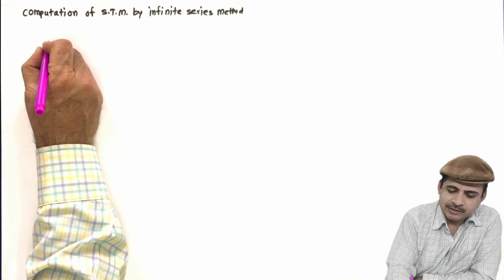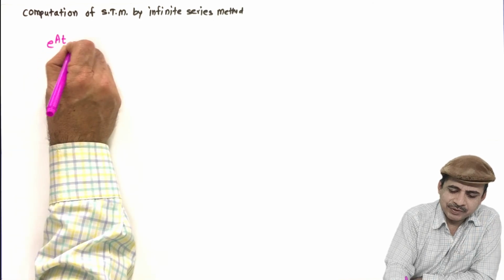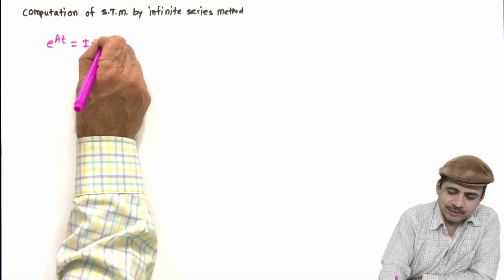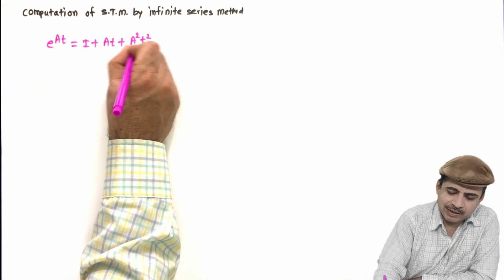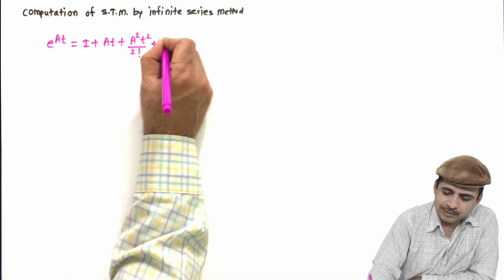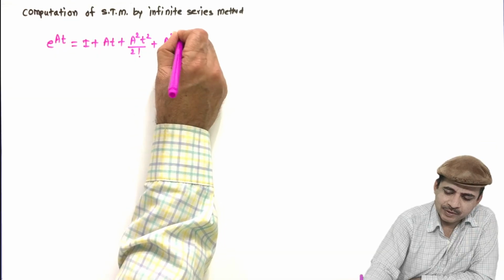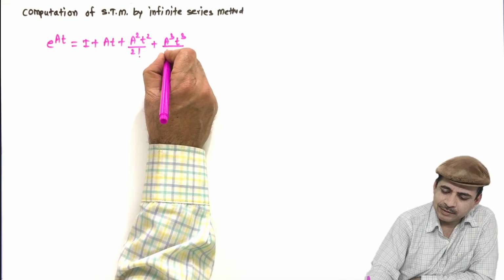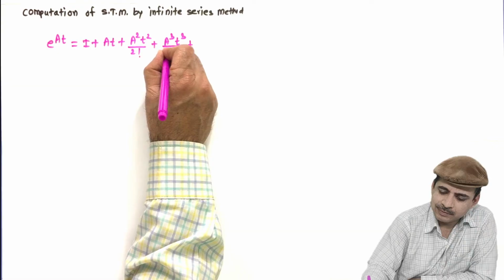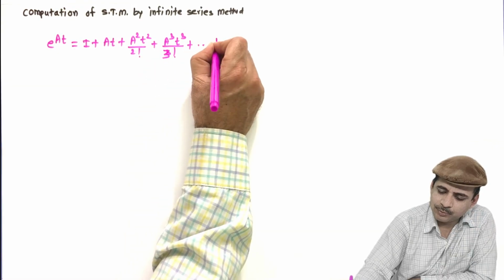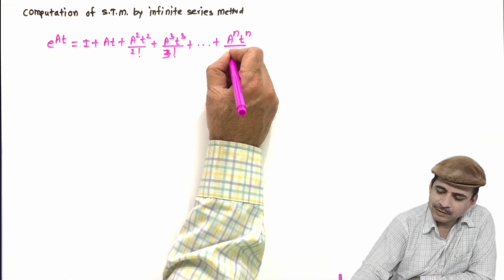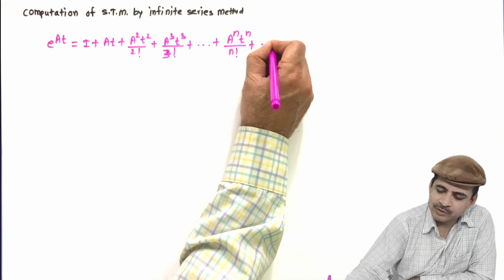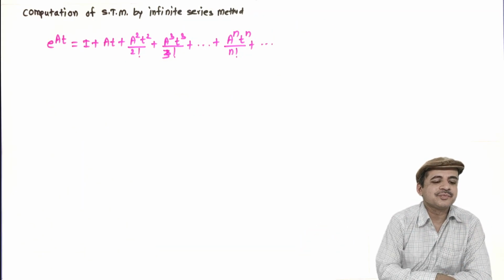So what is it? e raised to At is equal to I plus At plus A squared t squared by 2 factorial plus A cubed t cubed by 3 factorial, and so on up to A raised to n t raised to n by n factorial, and this will expand till infinity.